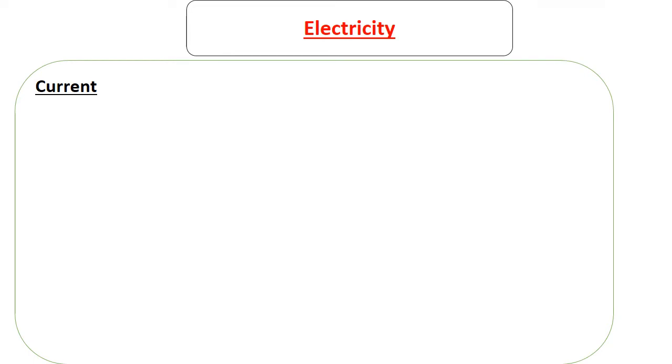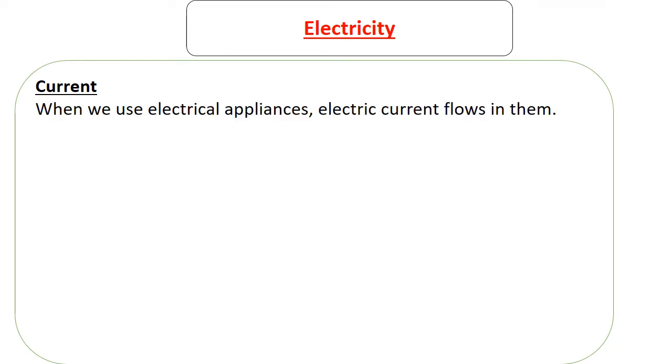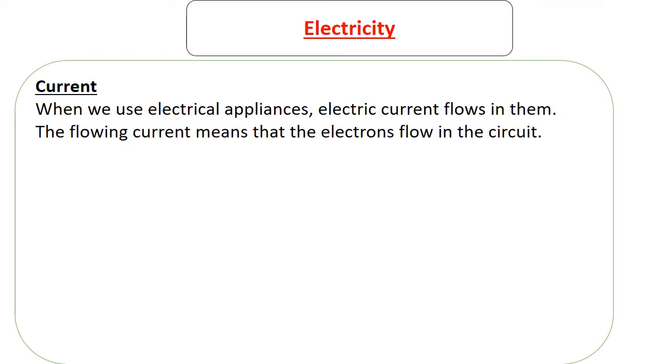So what is current? When you use electrical appliances, electrical current flows in them. The flowing current means that the electrons flow in a circuit. A circuit is a complete path through which electricity flows. So a circuit is something that should have a start, and the same start should be the ending.